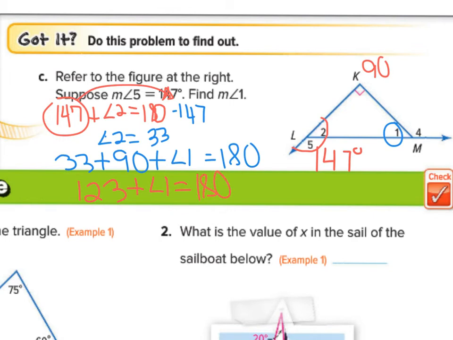Now I'm going to isolate measure of angle 1 by bringing the 123 over to this side. And when I do that, I get measure of angle 1 equals 57. You see? So we just solved it.